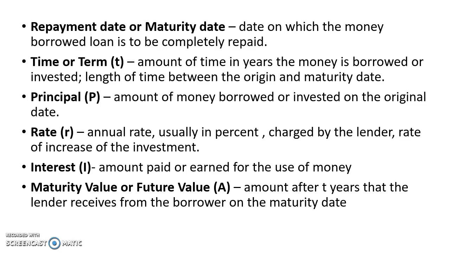Maturity value or future value: in this particular lesson, we will denote it by capital letter A, but if you look at other books or references, these are also denoted by capital letter F. It is the amount that the lender receives from the borrower on the maturity date.